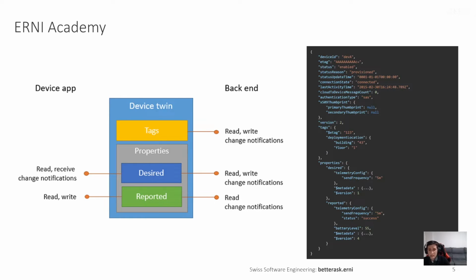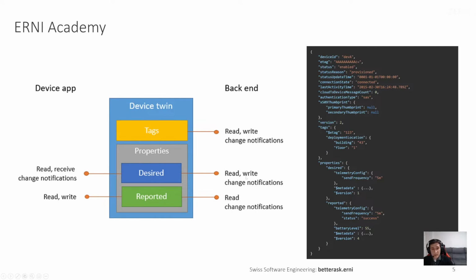You can tag different kinds of devices, for example all the devices in a region or devices with certain characteristics, and you can query these devices from the IoT Hub. You can do different kinds of operations with that. Other services can tag these devices as well, and you can react to these changes.